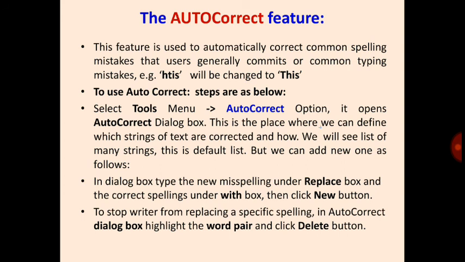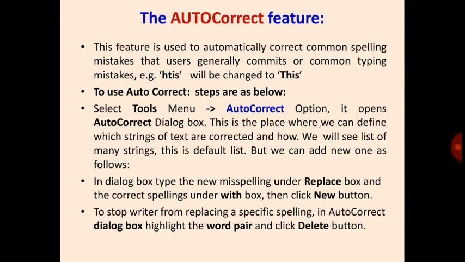This is the place where we can define which strings of text are corrected and how. We will see a list of many strings. This is the default list, but we can always add new ones as follows.